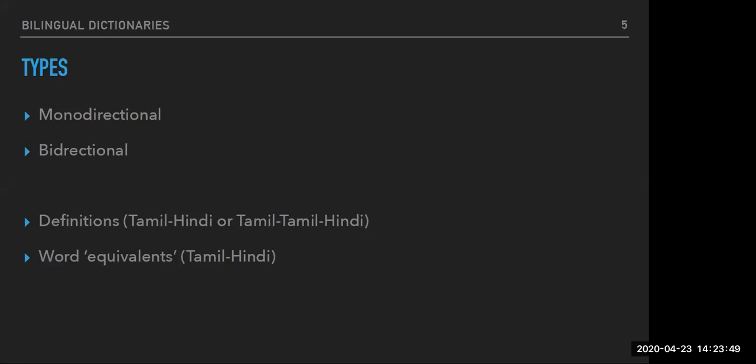So if it's a Hindi-English dictionary, it will only be a Hindi-English dictionary, and that's all there is to it. A bidirectional dictionary, on the other hand, will have a Hindi-English side, and then it'll flip the side and work on an English-Hindi side, where the headwords will be in English and the translations will be in Hindi.